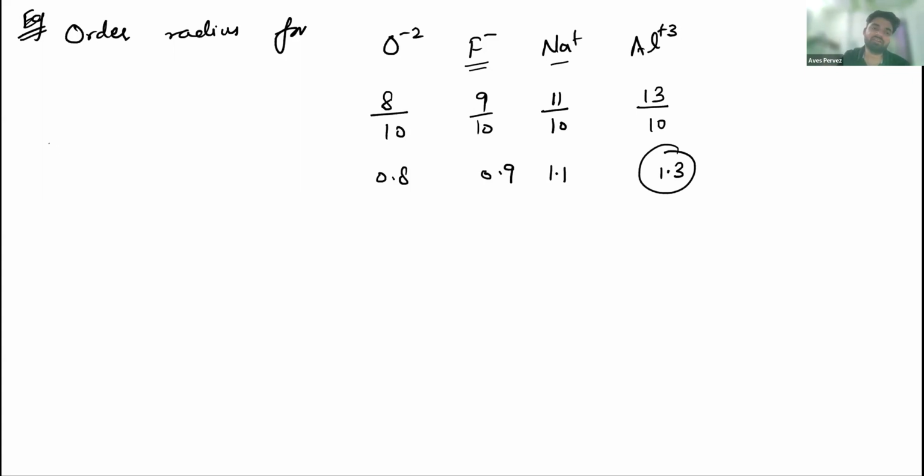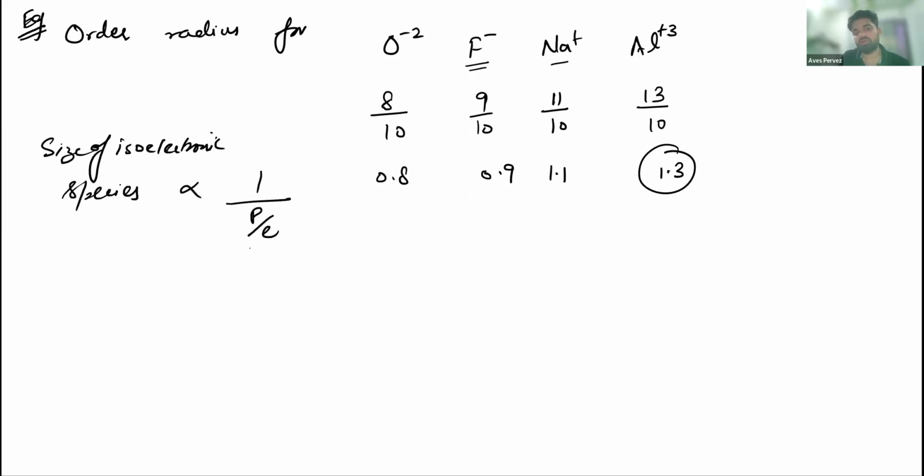We have written that the size of isoelectronic species is inversely proportional to the proton to electron ratio.